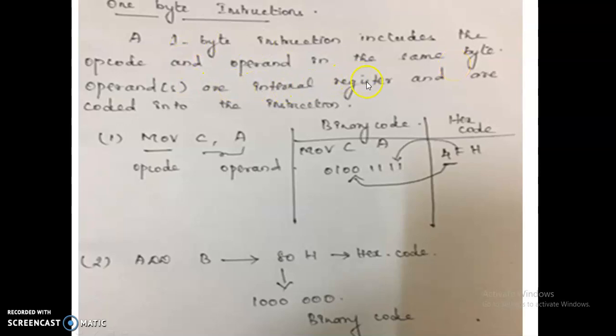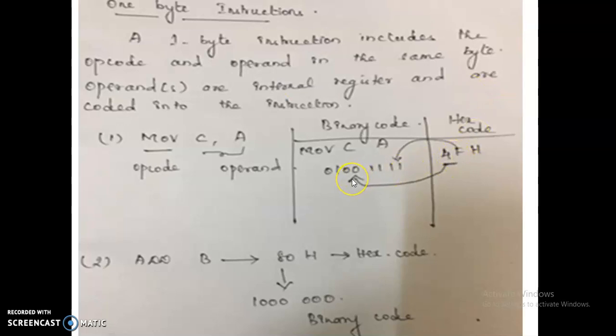Operands are internal registers or coded into the instruction. Here an example of an instruction is move C comma A. A is the accumulator, C is the register. The content of the accumulator was moved to the register C. The equivalent hexadecimal code for move C comma A is 4F.